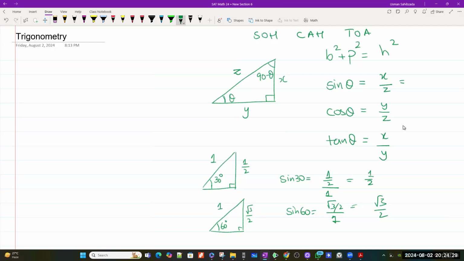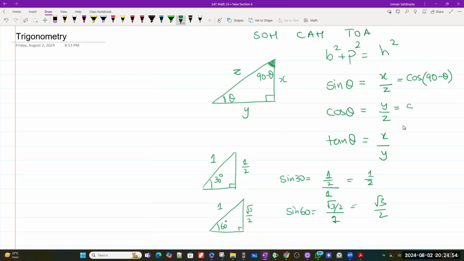The same sine ratio that I have, X over Z, is the same for cos of 90 minus theta. Why? Because when I take 90 minus theta as my angle, then cos of this angle is base over hypotenuse, so X over Z. So it's the same thing.